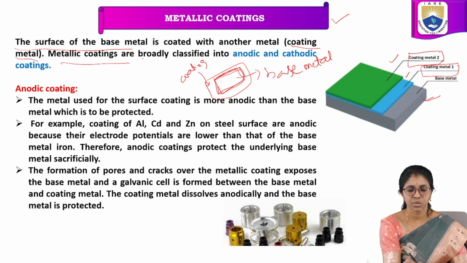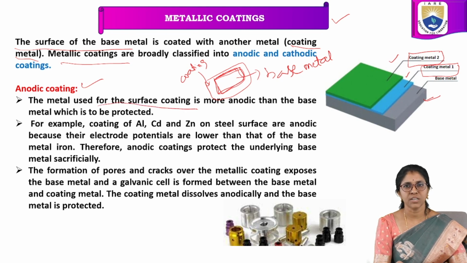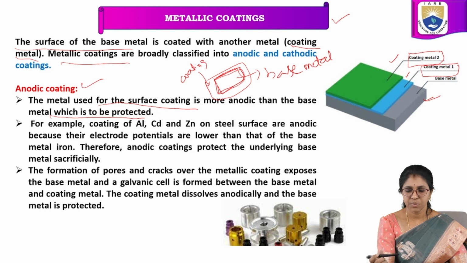These metallic coatings are broadly classified into anodic and cathodic coatings. So what is anodic coating? The metal used for the surface coating is more anodic than the base metal which is to be protected. The coating metal should be more anodic than the base metal.